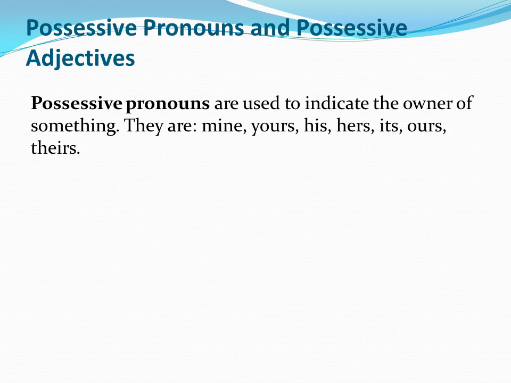Instead of using the name of the person, you use the possessive pronoun to show the owner of that thing. For instance, that picture is his. If I ask you, who owns that picture?